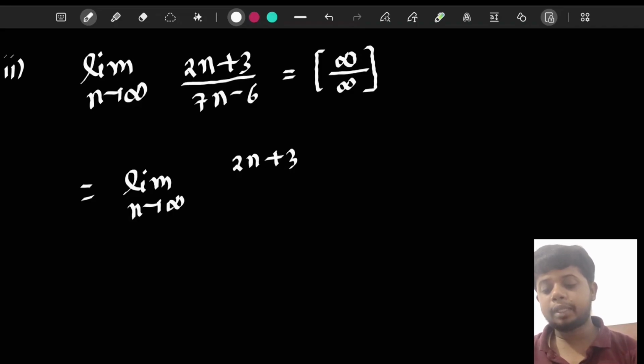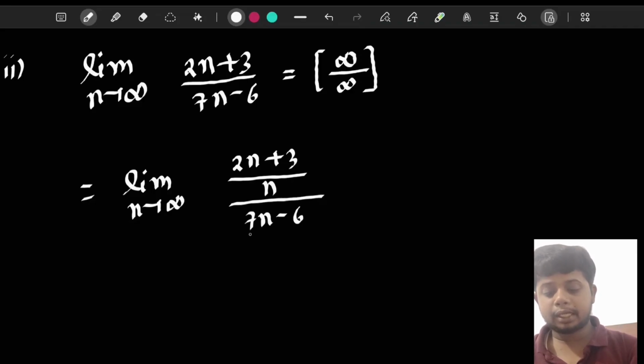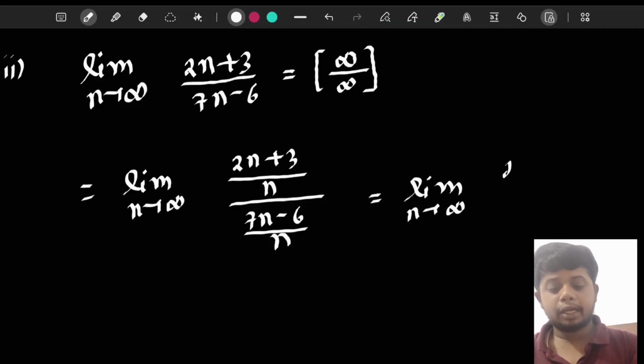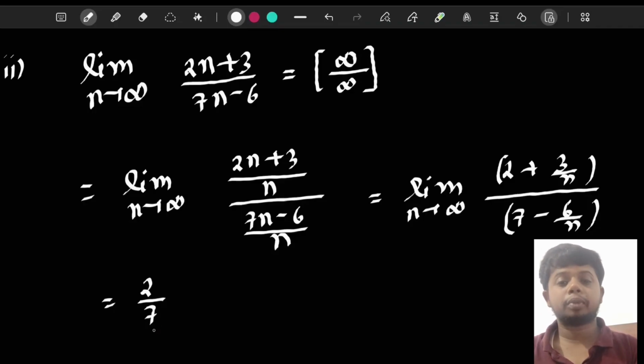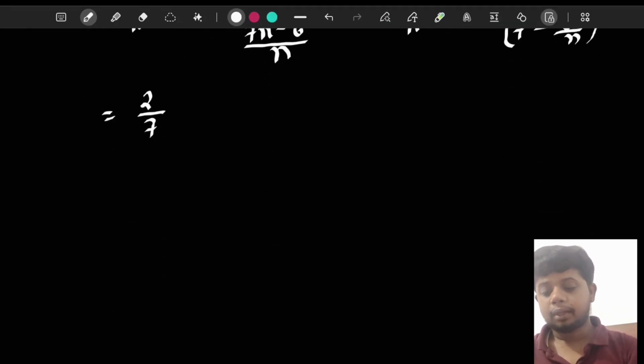So I'll get (2n plus 3) by n over (7n minus 6) by n, and the limit n tends to infinity gives (2 plus 3 by n) over (7 minus 6 by n). If n tends to infinity, this becomes 2 by 7.